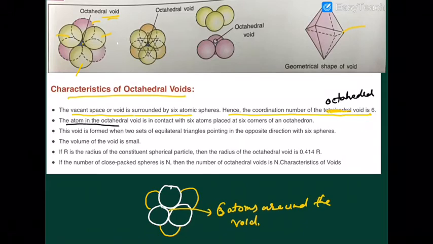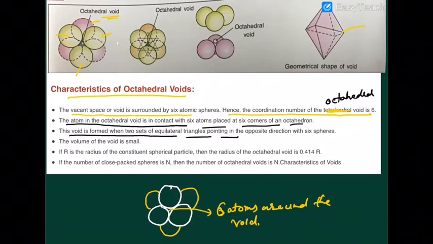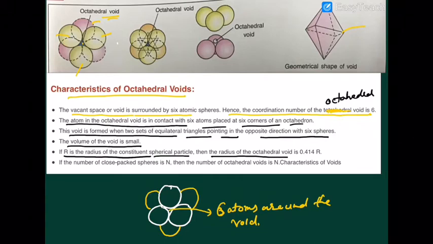The atom in the octahedral void is in contact with 6 atoms placed at the 6 corners of the octahedron. The void is formed by 2 sets of triangles pointing in opposite directions with the 6 spheres. The volume of the void is very small. If capital R represents the radius of the spheres, then small r represents the radius of the void, and small r is equal to 0.414 times the radius of the spheres surrounding the void.